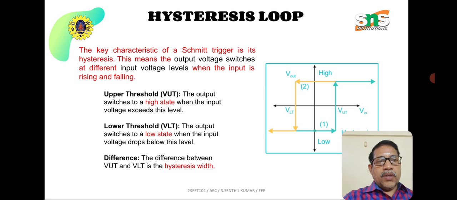Similarly, the width of the output pulse we can obtain depends on the difference between VUT and VLT, the upper threshold and lower threshold voltage.